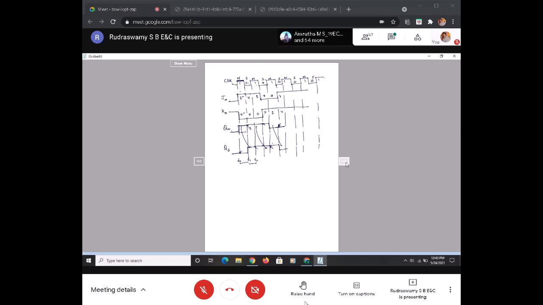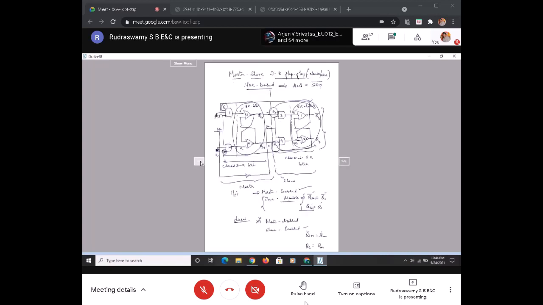Next, after the first, second, third, at the beginning of the fourth cycle when the master is enabled, both J and K are 1, 1. Make sure J and K are 1, 1. I'm just ensuring. So here my J is 1, K is 1.